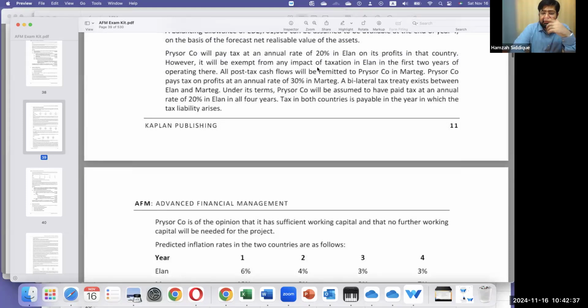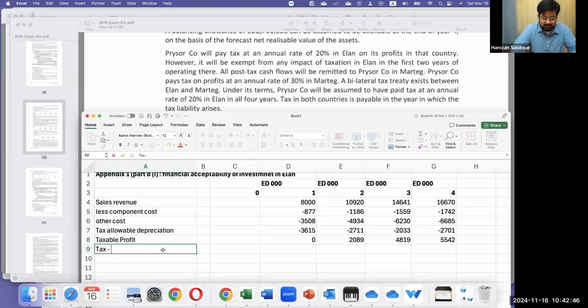Yes, it is exempt in the first 2 years. No taxation. So 20% in Elan. So no tax here. And minus 20% into this.